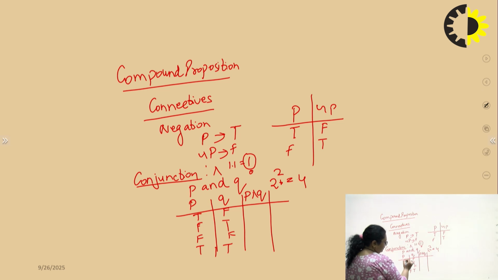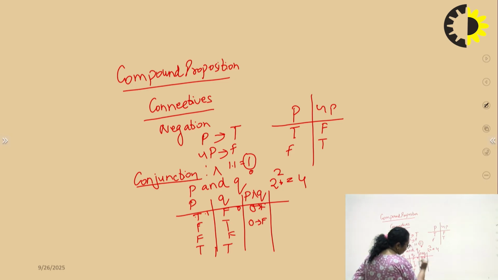Consider T as 1 and F as 0. For 1 and 0, that is 1 into 0, the result is 0, which means false. False into true, that is 0 into 1, is again 0, false. False and false is 0, that is false. True and true means 1 into 1, that is 1. So we get the final truth table.